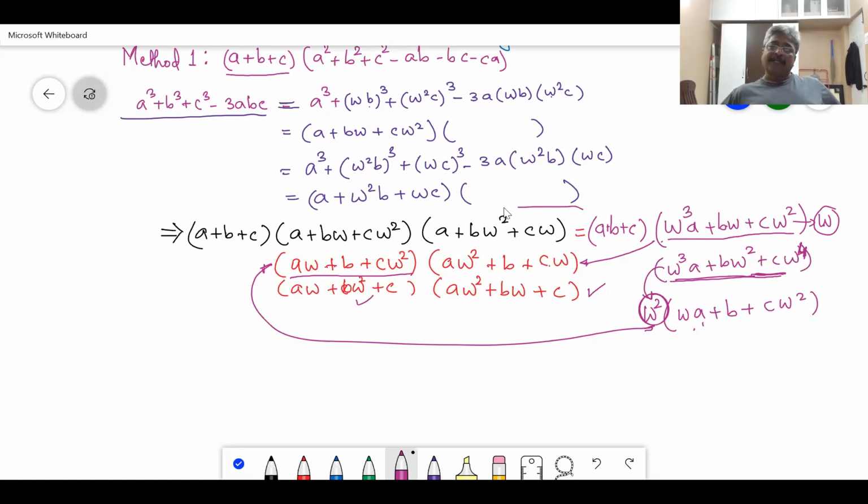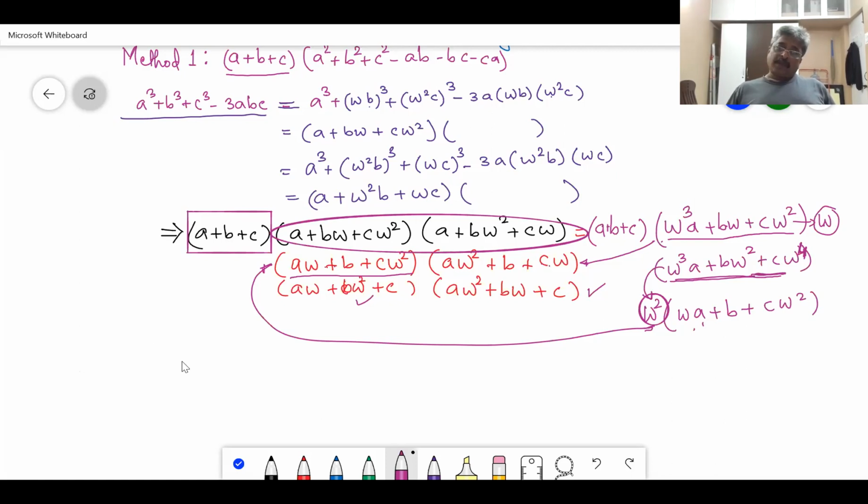So they are not 6 factors, they are only 2. This is 1 and these are the 2 factors, and these are the same. These 4 are different looking, but they are the same.